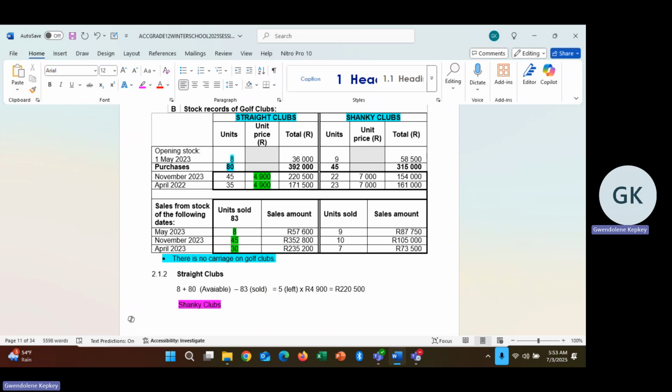Right. So we have, in the beginning, we're sitting with 9 items. Then I have purchased, over there, 45. So I have available 54.